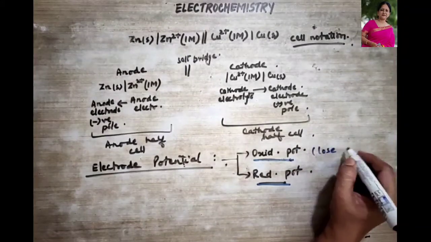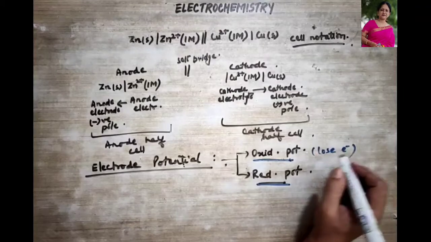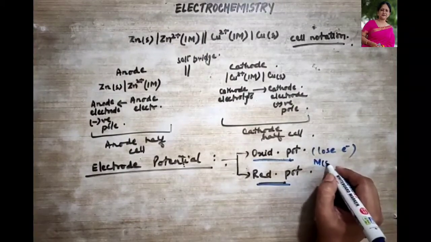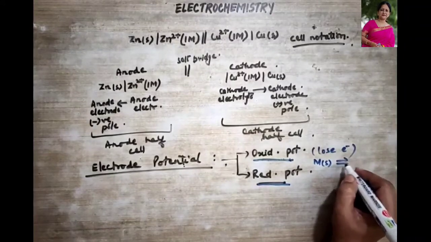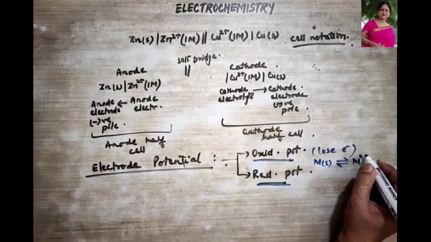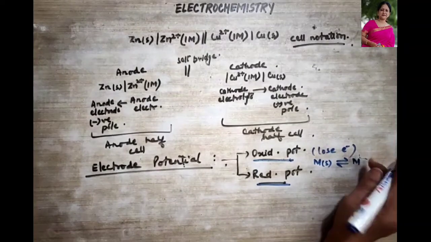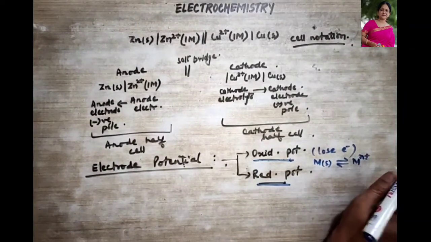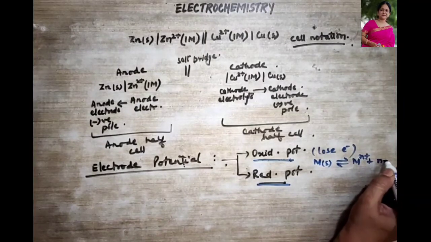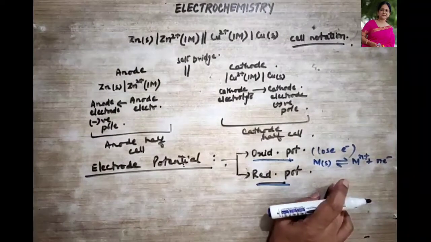Over here what happens? It loses electrons. So we can write it down. Suppose this is the solid substance. So it is going to lose electron and it is going to form the ion, right? Let me write down M^n+. So it could be any number of ions plus electrons. Number of electrons will be given out.